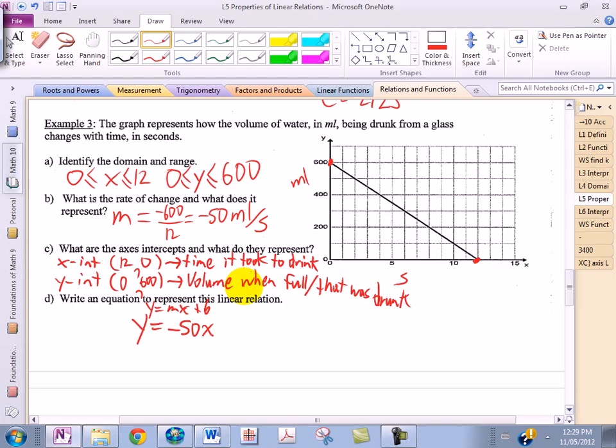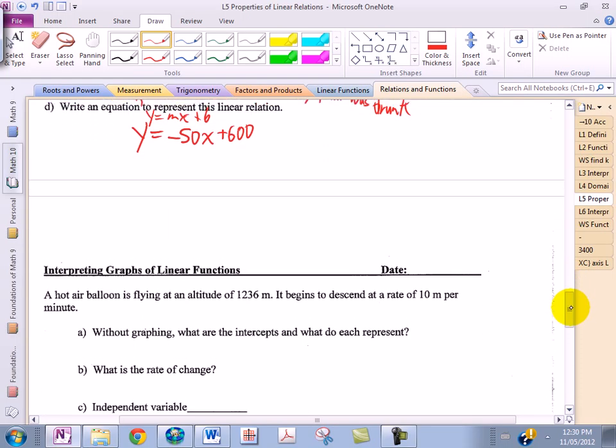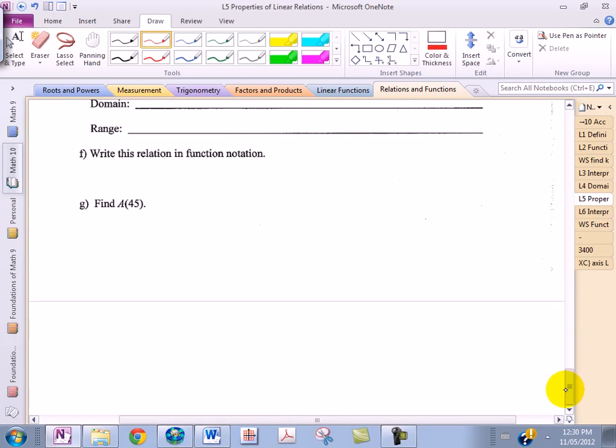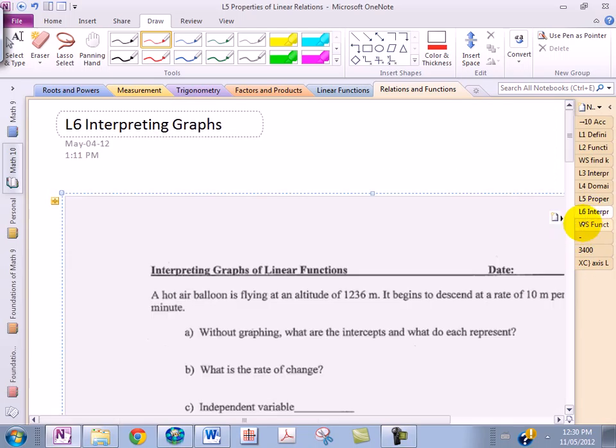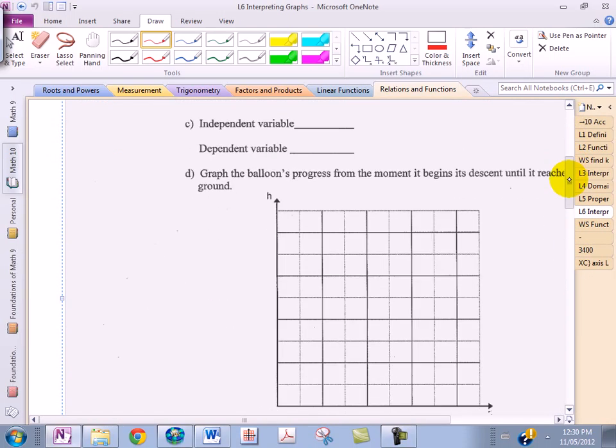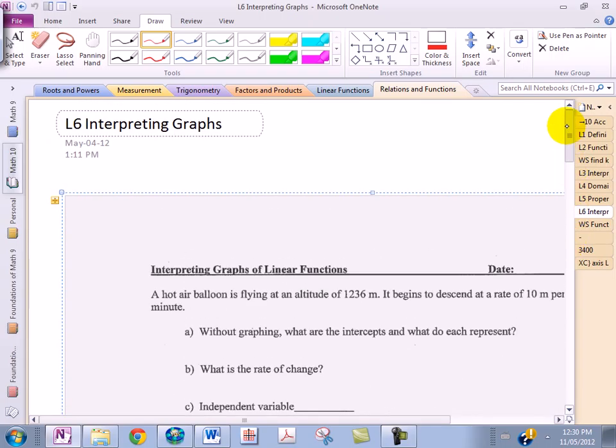And what's your b value? 600. Now is that a positive or a negative? Positive. So for this equation format, a positive is a positive. It's not like the other equation format where you have to have subtraction signs. Okay. You guys good to go?